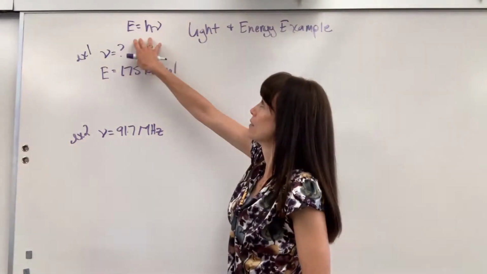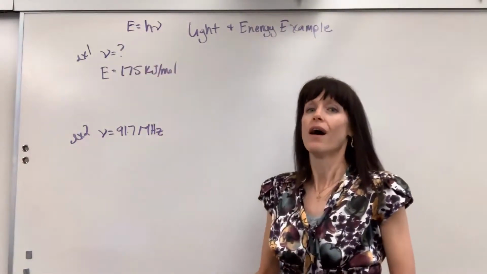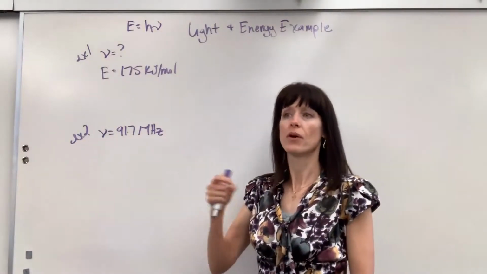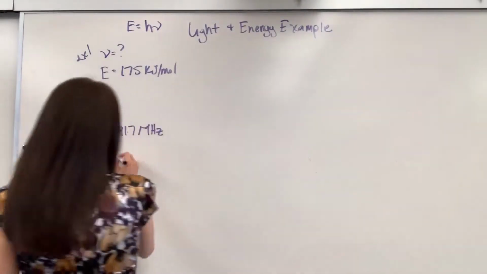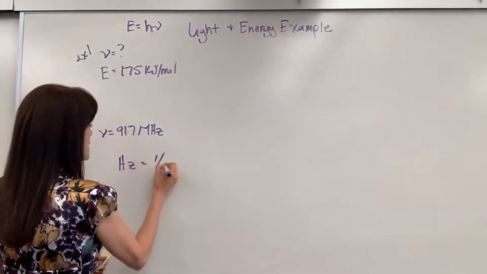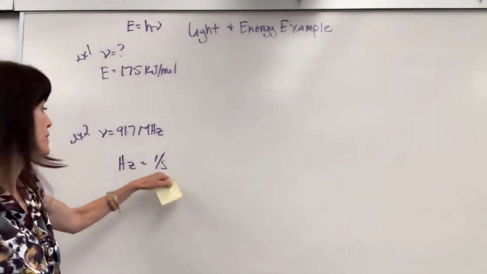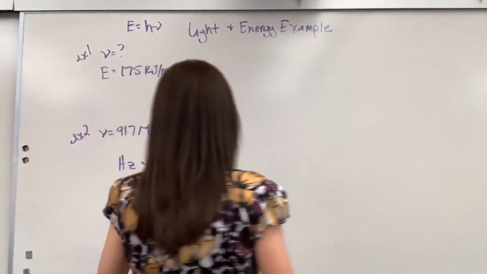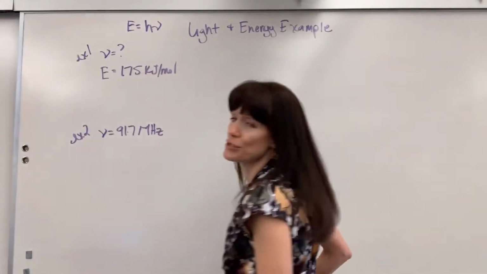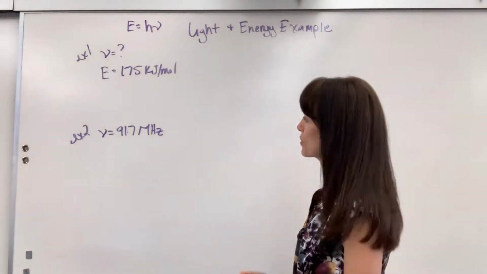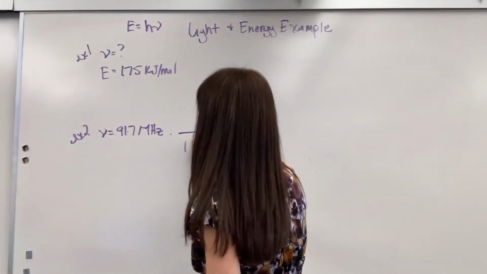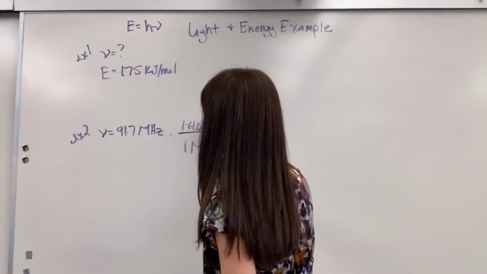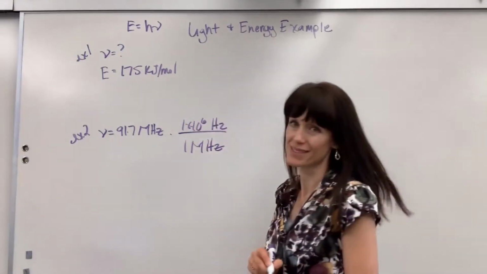Looking at my formula, energy equals Planck's constant times nu. The unit has to be in per second, and this is megahertz. Well, we know that hertz equals per second. That's the same thing. Here's the metric system, there's English gravitational, but we've got to get rid of that mega. So let's go ahead and get this into per second so we can use our formula. 1 megahertz contains 1 times 10 to the 6 hertz right there.